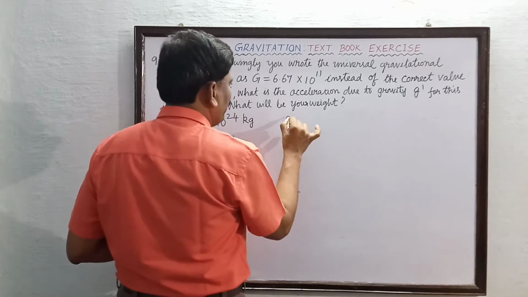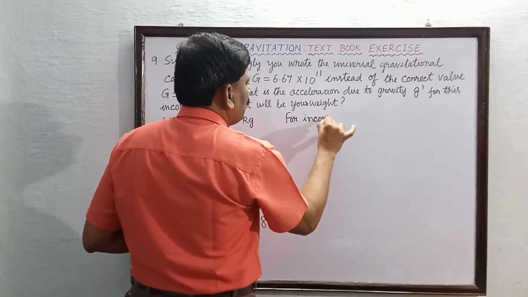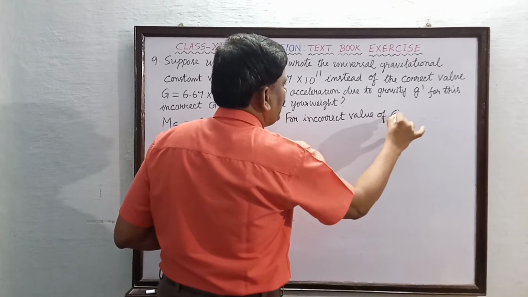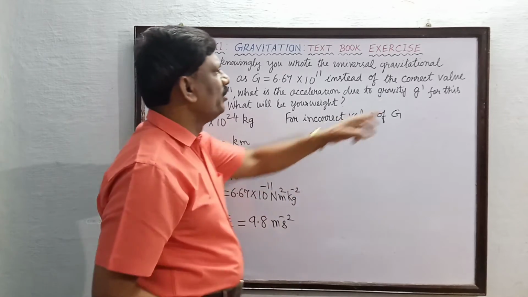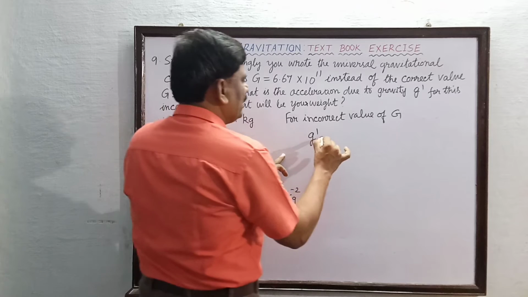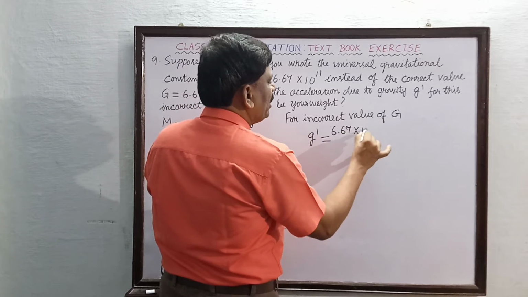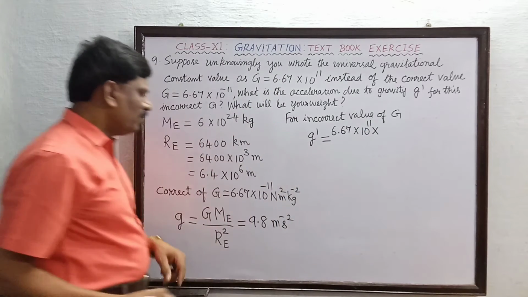Now for the incorrect value of capital G, the acceleration due to gravity is to be taken as G dash. So for this the incorrect value of G is 6.67 into 10 power plus 11, into mass of the earth.